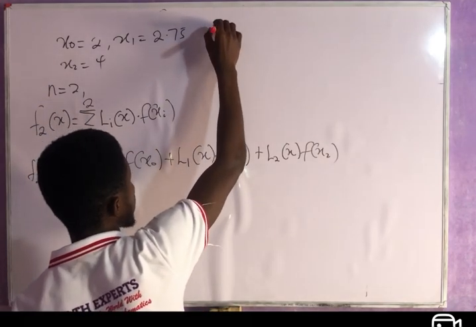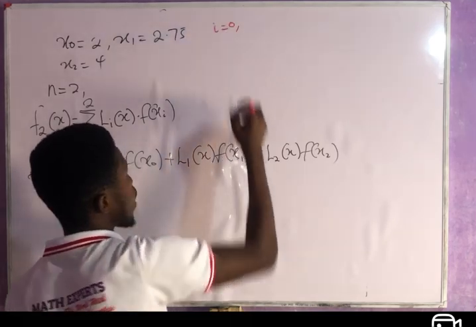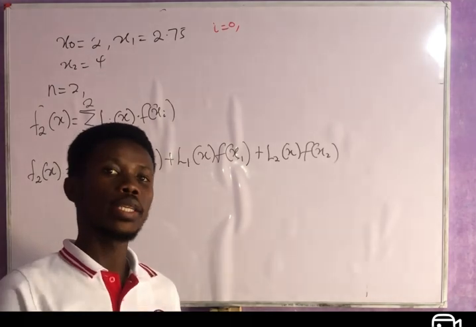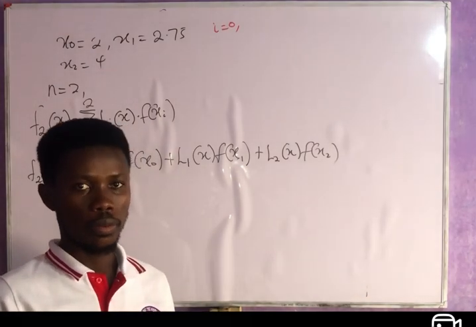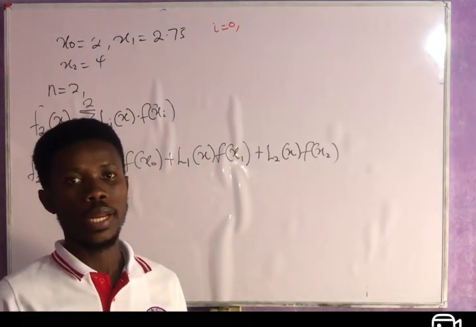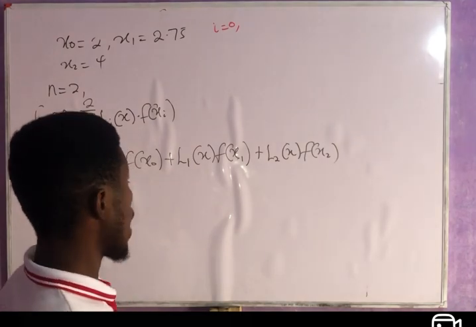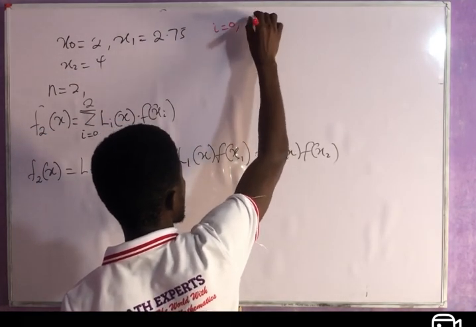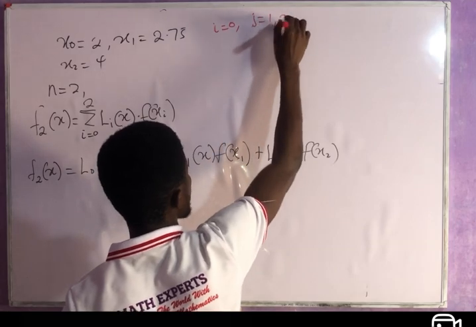L0 is when i equals 0. I have already said this: when i is 0, then j will assume the other numbers, okay? Because i and j can never be equal. So you consider 1 and what? So j will be 1, 2.